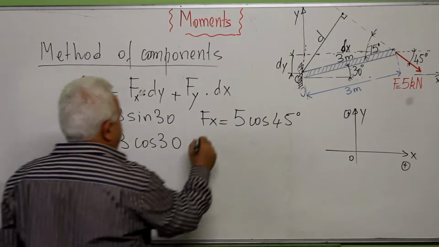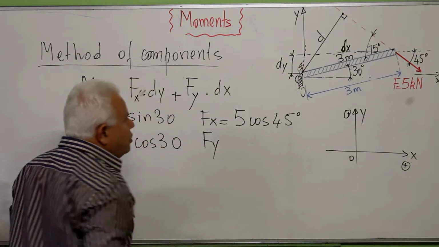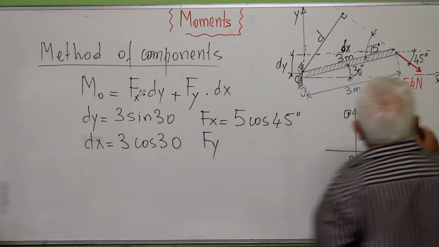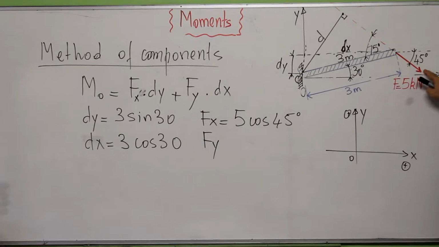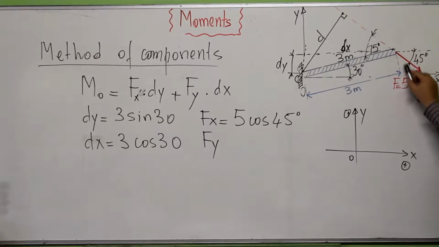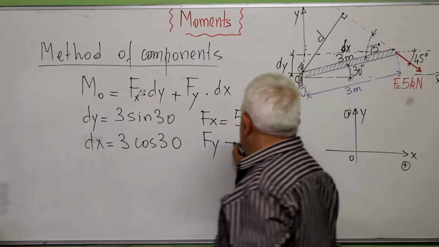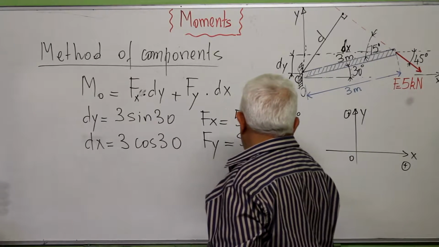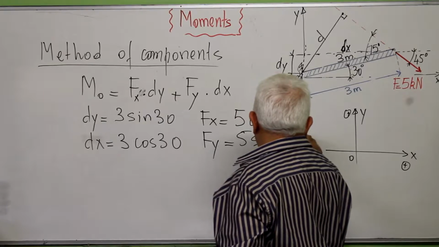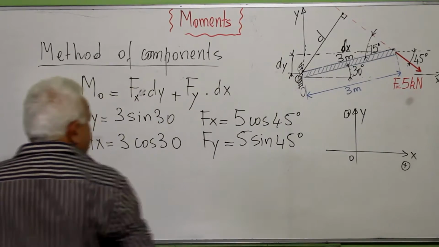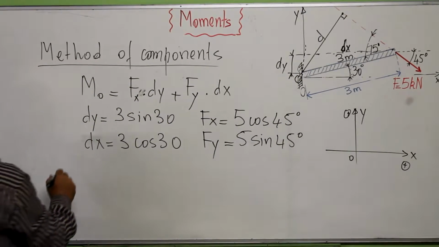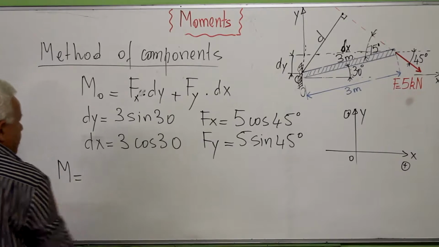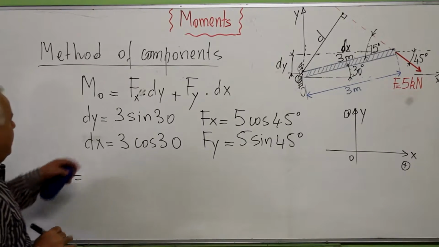Now Fy, the component of the force F along y, the vertical axis, is 5 sine 45. Now all I have to do is add everything.